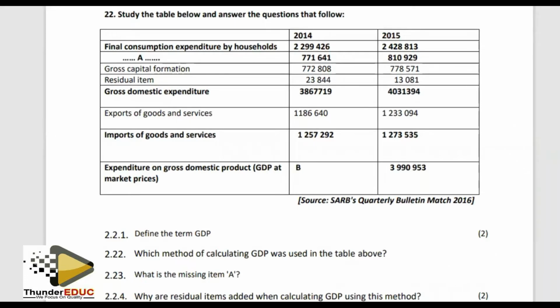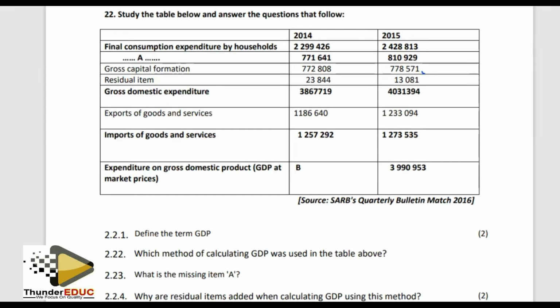The value for 2014 is here, and the value for 2015 is given here. Gross capital formation is here, that is expenditure made by firms when they are doing investment, and 2015 is here too.